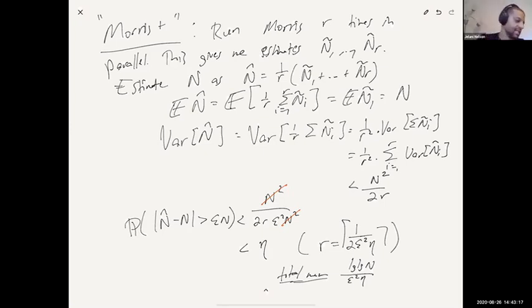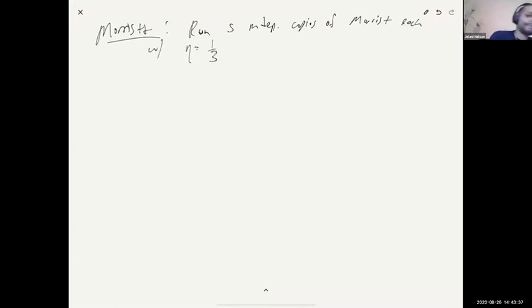So I can fix this, and the way I fix this, I'll call Morris plus plus, which is I run s independent copies of Morris plus, each with eta being a third.